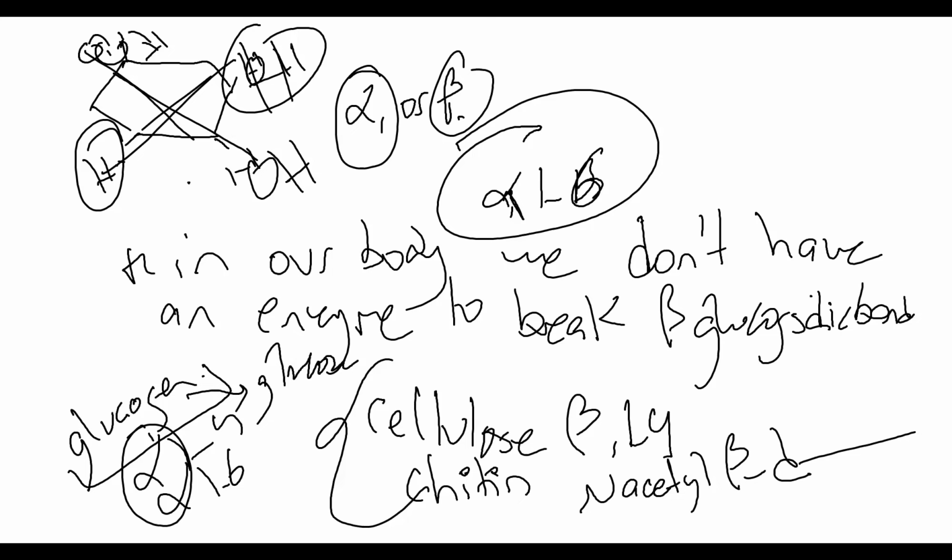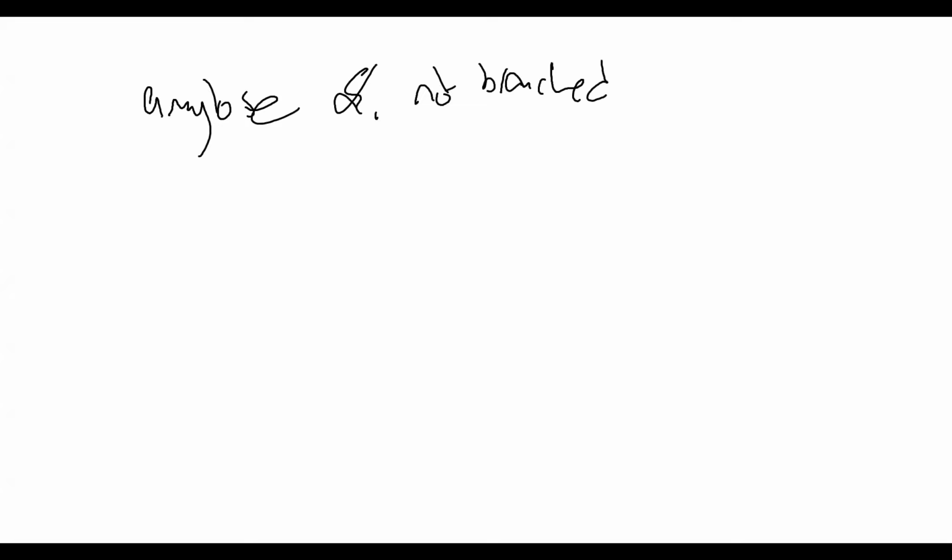Okay, guys. So I'm going to try to do something. Take a screenshot of this. So as we spoke about, we said amylose has alpha 1,4, or let's say not branched, and amylopectin branched.